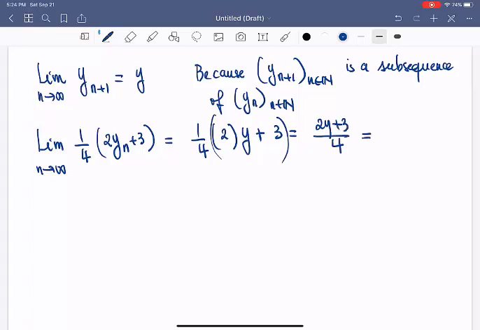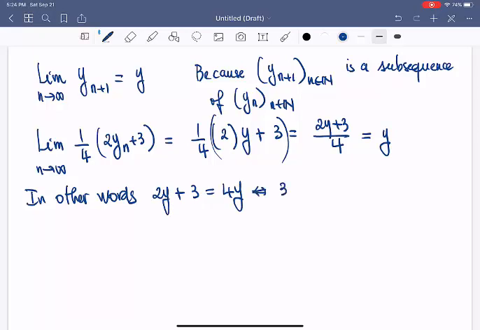And so this must be equal to y. In other words, 2y plus 3 must be 4y. And solving this equation, we get that 3 must be 2y, which means that y must be 3/2.